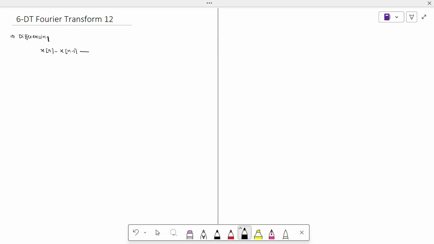Its discrete time Fourier transform is 1 minus e power minus j omega n naught equal to 1, into x of e power j omega.